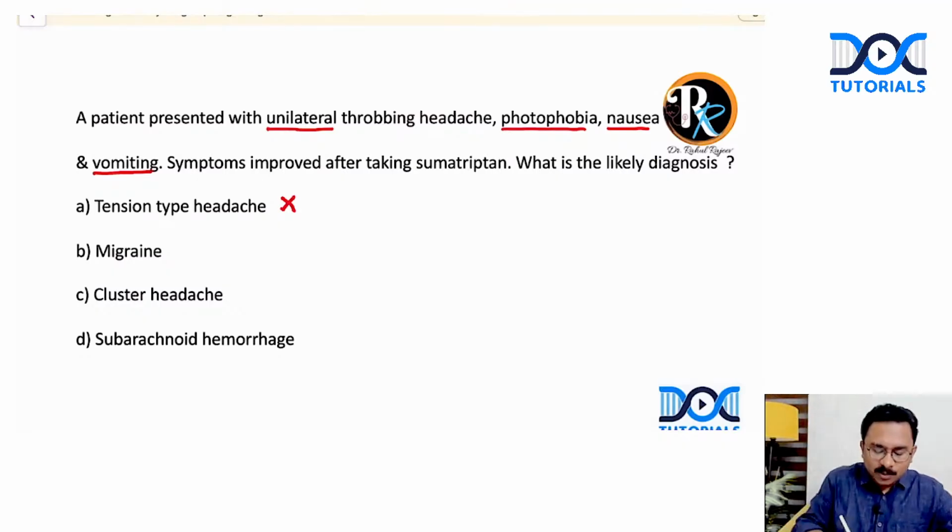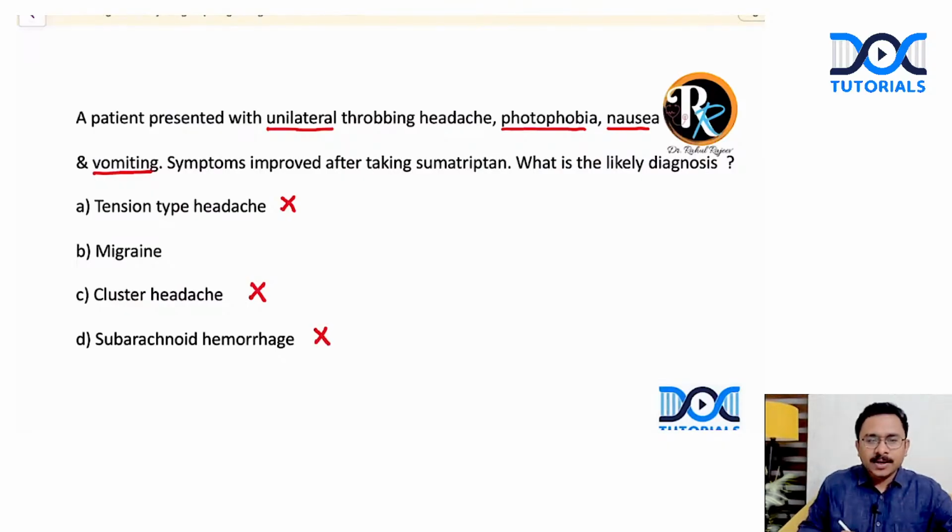And cluster headache will be having associated features like autonomic symptoms, ipsilateral redness of eyes, ipsilateral watering from eyes, ipsilateral watering from nose. None of the autonomic symptoms are mentioned, hence that is not the answer. Regarding subarachnoid hemorrhage, again, we do not have the typical history of a thunderclap headache.